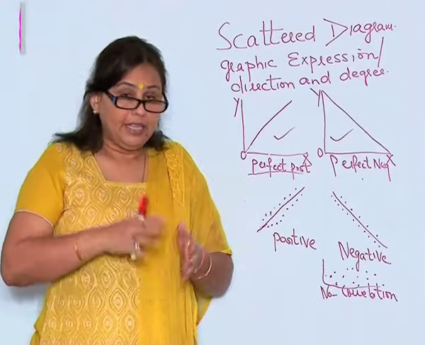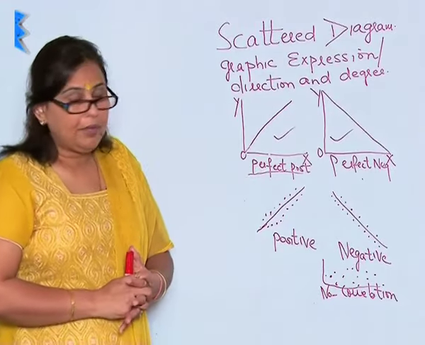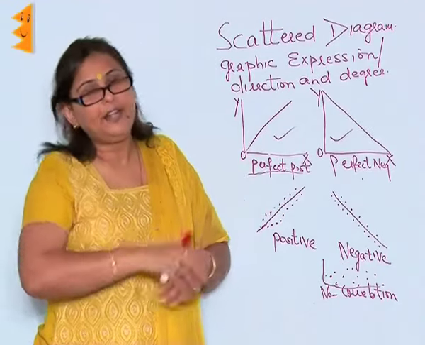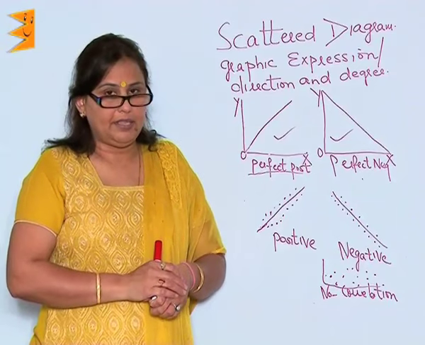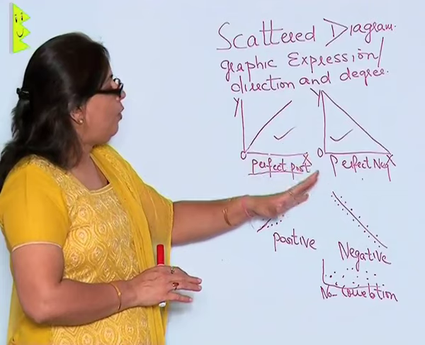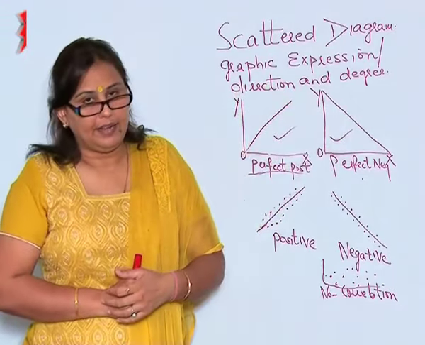But this is also not a perfect method, because we cannot find out the precise extent of the correlation by this method. Thus, it just tells us about a direction, about a degree to an extent.